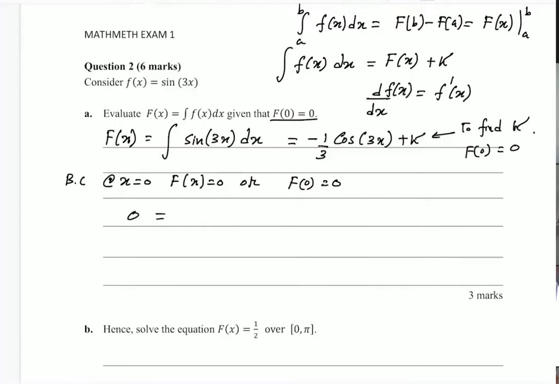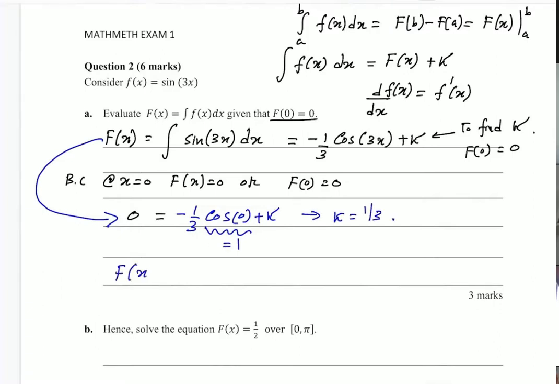Applying that here, it's 0 equals minus 1 divided by 3 cos 0 plus k. You know that cos 0 is equal to 1, so k is equal to 1 divided by 3. So you finalize your answer: F(x) is equal to minus 1 divided by 3 cos 3x plus 1 divided by 3.